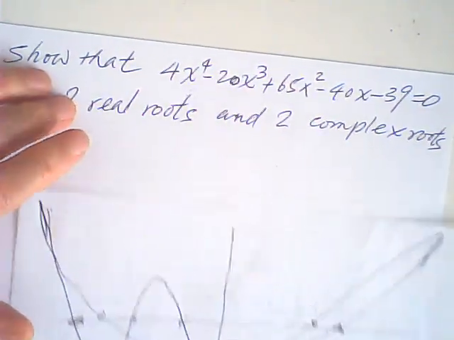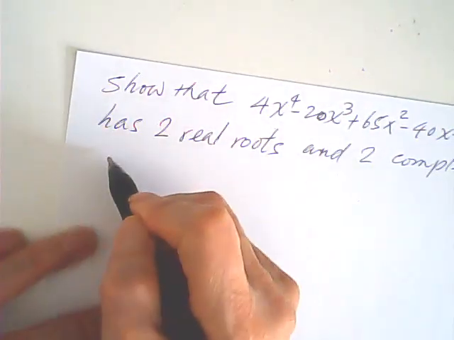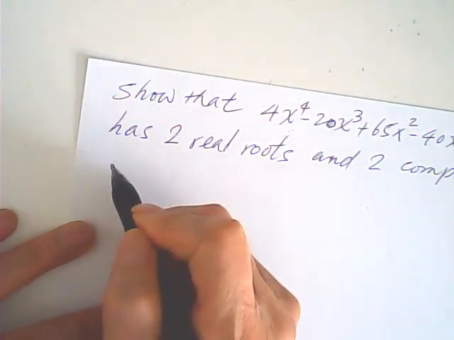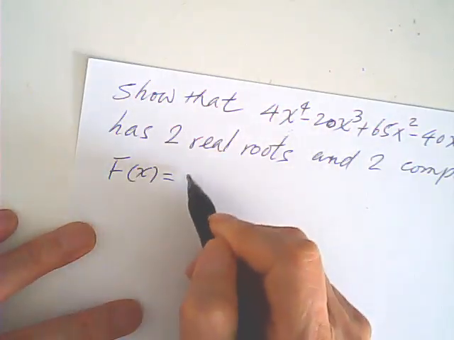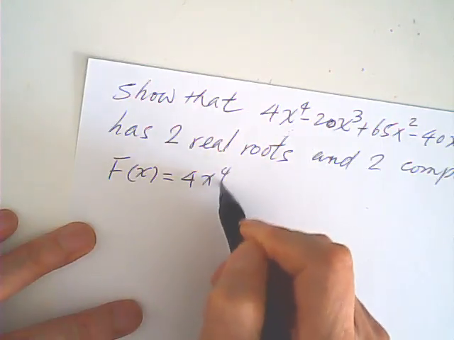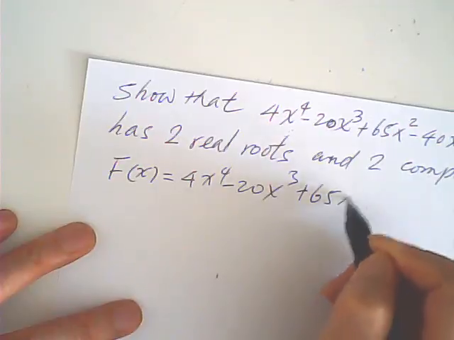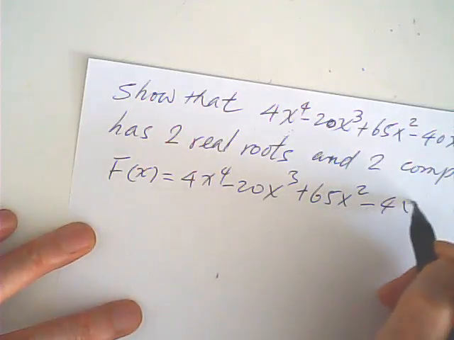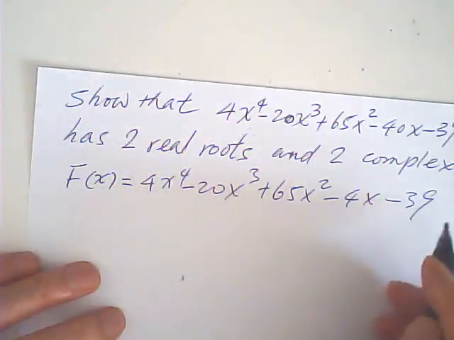Yeah, this argument is not really mathematical. Now let me put it this way. Let f of x equal 4x to the fourth minus 39.